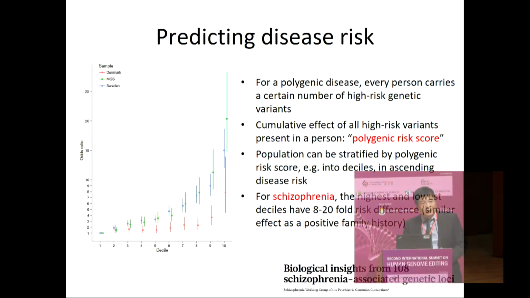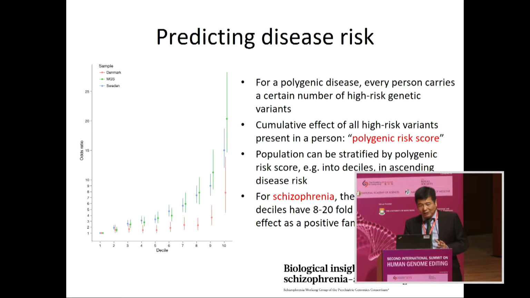And for schizophrenia, now we have enough data so that the highest and the lowest decile in terms of the polygenic score now differ substantially in risk, about 8 to 20%, as shown in this graph here.